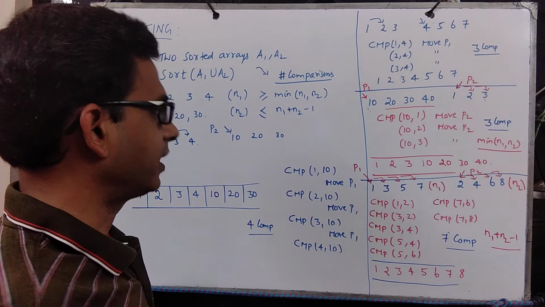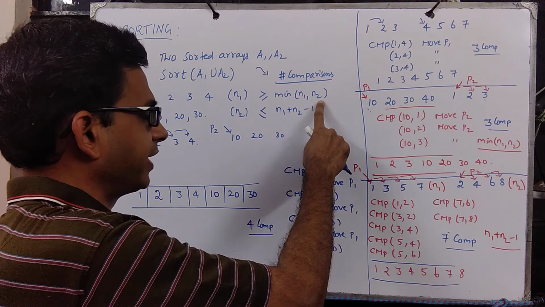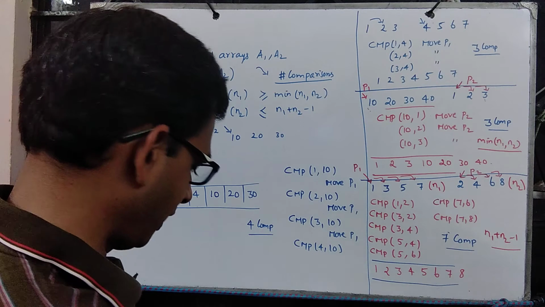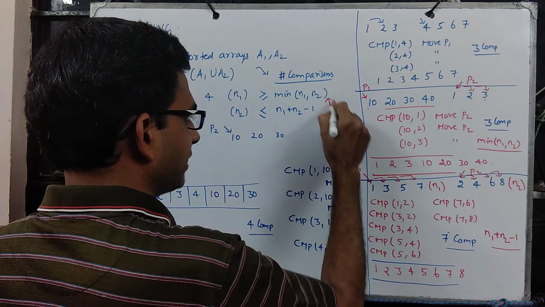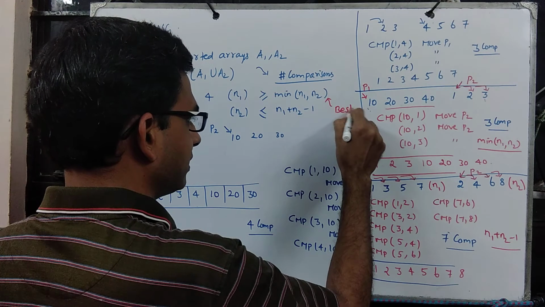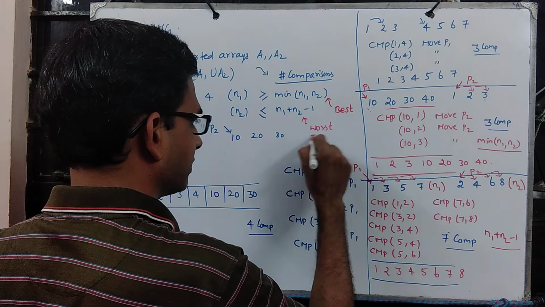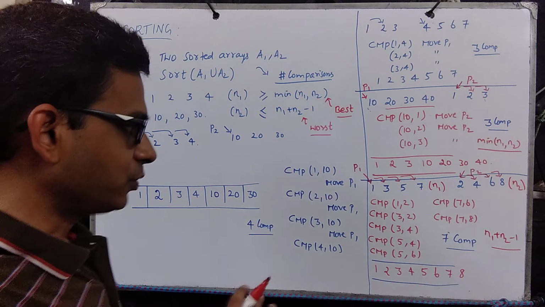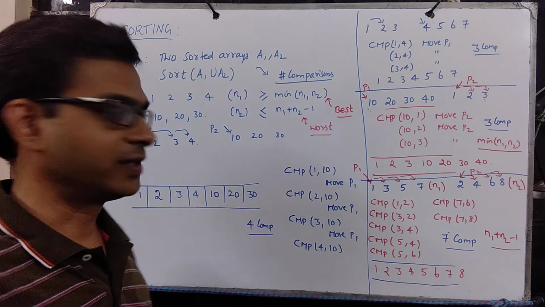So that shows that minimum number of comparisons is min of N1 comma N2. Maximum number of comparisons is this, which means when we do the analysis, in the best case we need this many comparisons, in the worst case we need this many comparisons. Now we are going to make use of this to analyze our sorting algorithm.